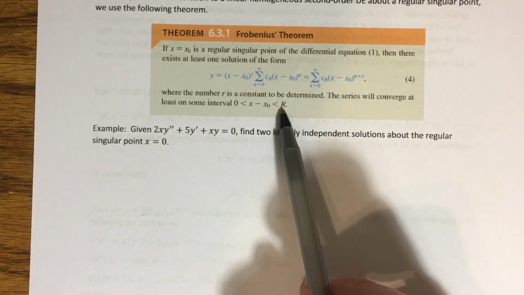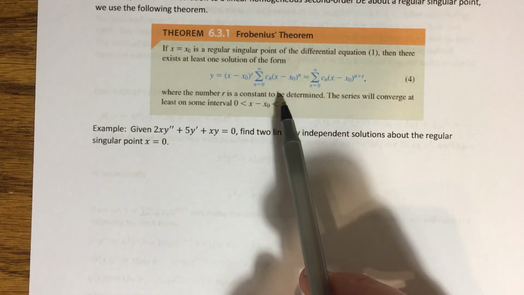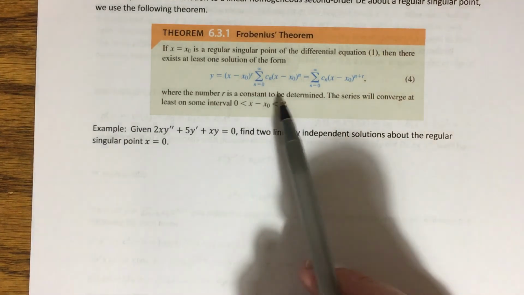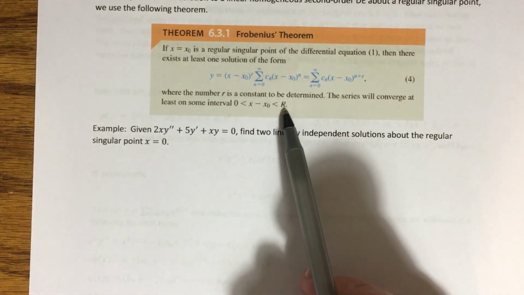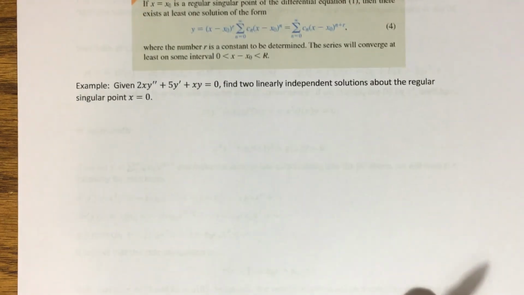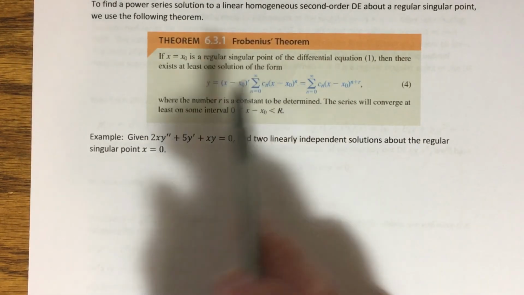That capital R is the same thing that we were using back in section 6.2. The important part, though, is what this series looks like and the fact that r does not have to be a non-negative integer.